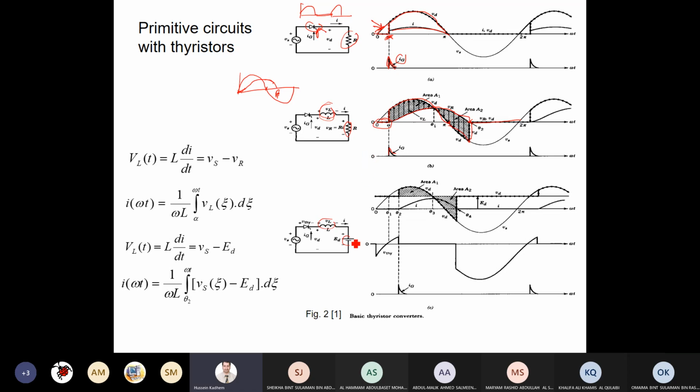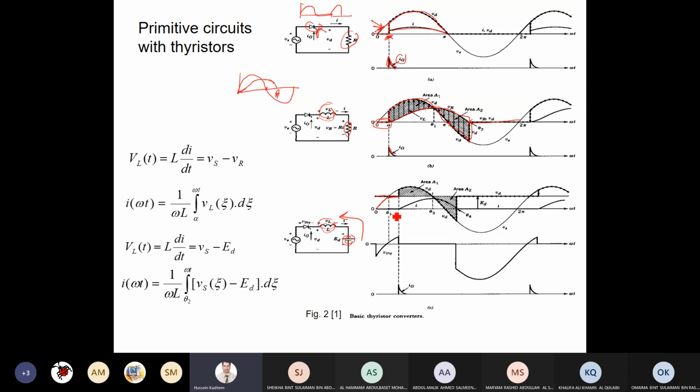In the situation of back EMF and inductance, as you can see, there is forward voltage across the switch, the thyristor or diode, whatever it is. But the back EMF in the opposite direction is higher. So the switch will not conduct until they intersect here. With a diode, the output directly appears across the load. But because this is a thyristor, it will not conduct; it will delay.